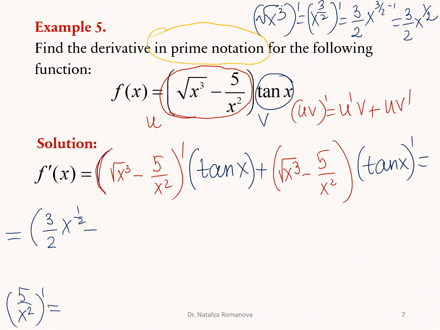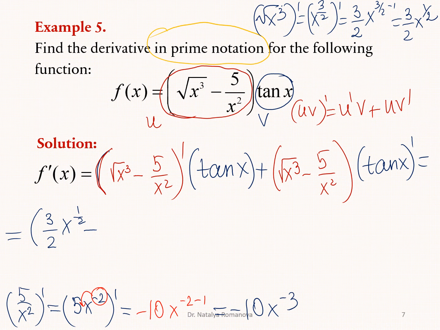We can simplify a little bit. It would be (5x to the negative 2)'. Power rule, we remember we have to take the negative 2 right in front. It would be negative 10 x to the negative 2 minus 1, which gives us negative 10 x to the negative 3.